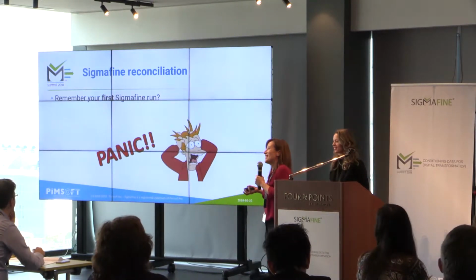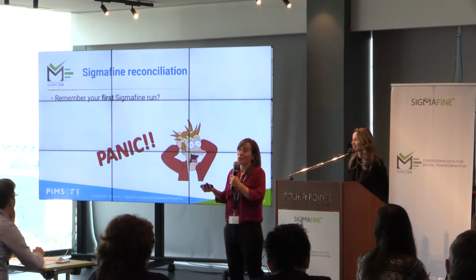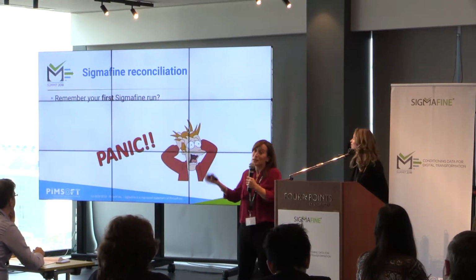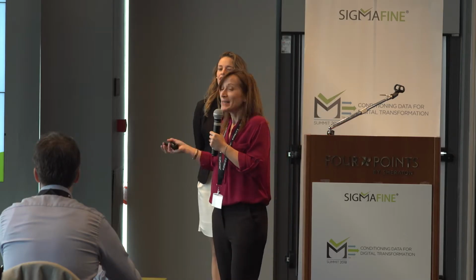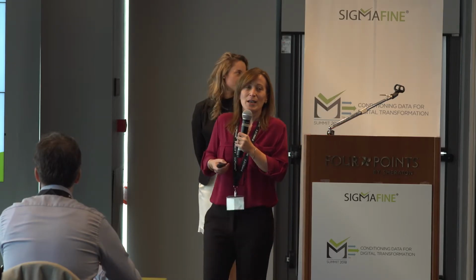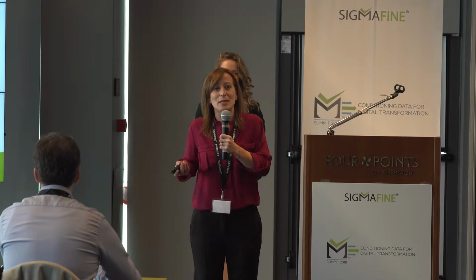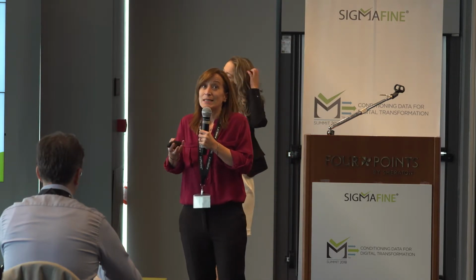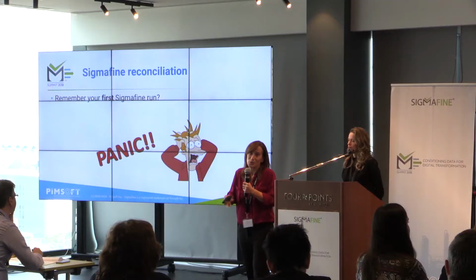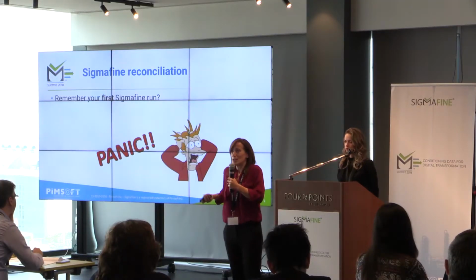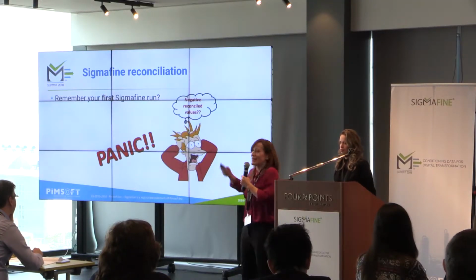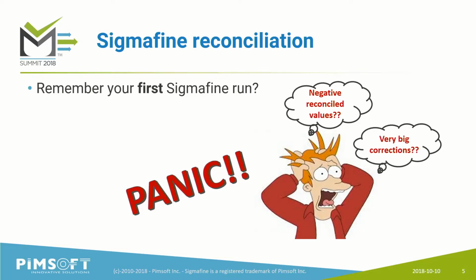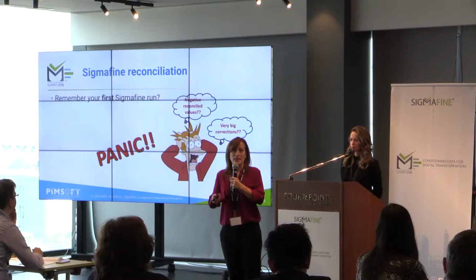Why? Because maybe most of us have a big model with many measurements, many information. So the very first time you may have dealt with the quality of your data and the quality of your model, you may have had negative reconciled values, big variances, and so maybe somebody can say, Sigmafine is not giving me the results I'm expecting.